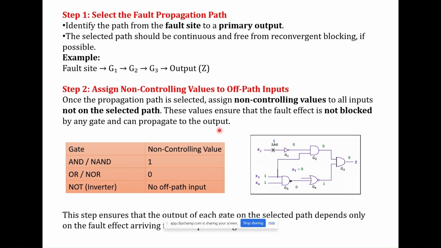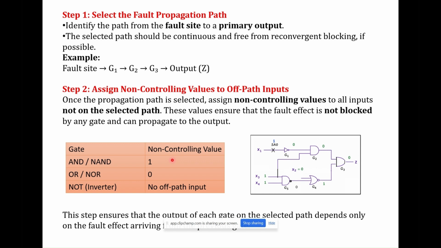So next is to assign a non-controlling value to the off-path inputs. Here, once the propagation path is selected, which is G1, G2, G3, the off-path inputs are the other paths that I have mentioned. So, what is a non-controlling value? An AND gate produces output 0 when any one of the inputs is 0. So, 0 is the controlling value, and 1 is the non-controlling value.